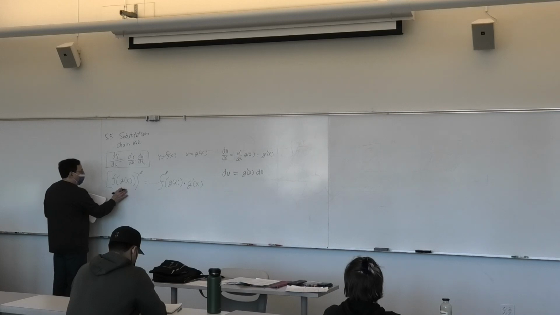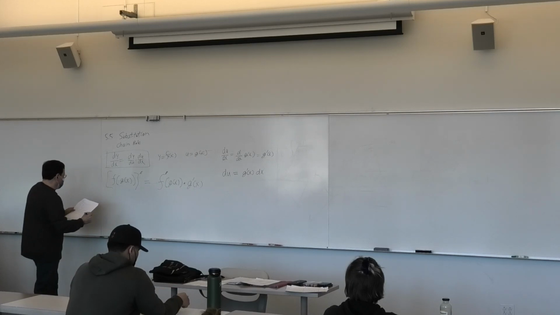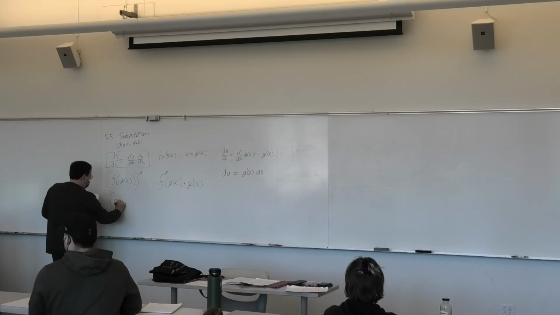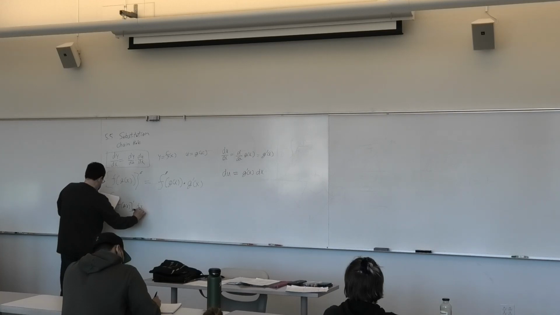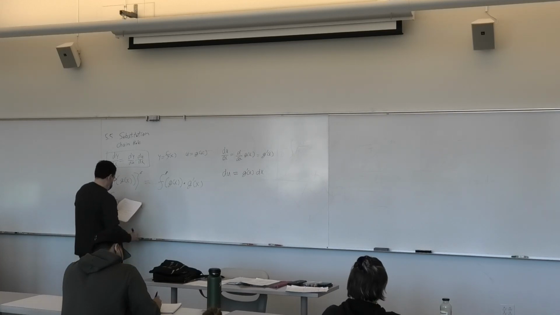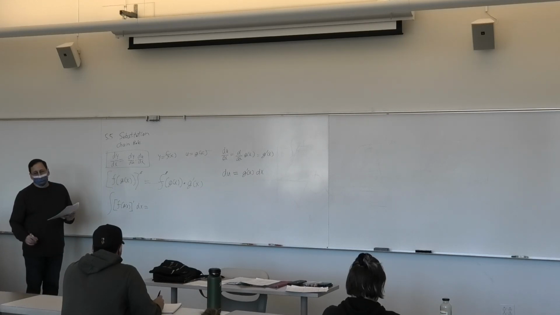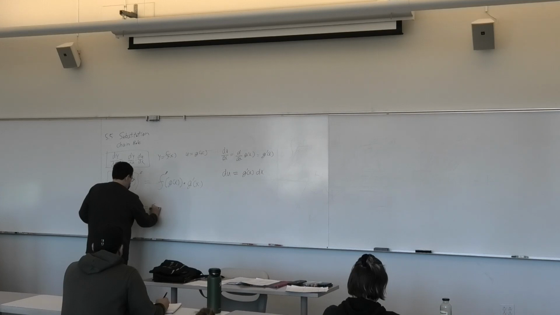Now what we're going to do here is find the integral of both sides of this equation. So the integral of the derivative of f of x dx, well, we know from the fundamental theorem of calculus, that's just f of g of x.